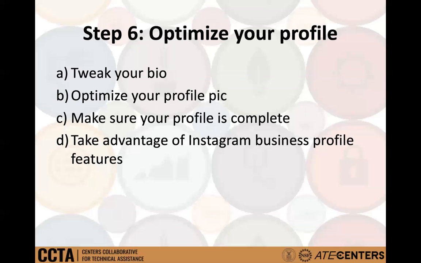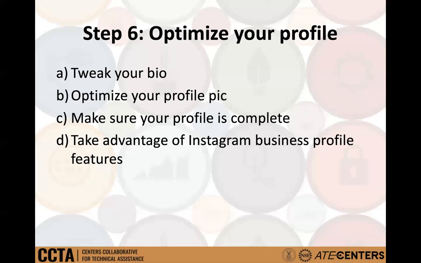C, make sure your profile is complete. So you want to use all the components of your Instagram business account to their full advantage. There's a name and a username. There's a website you can put in. There's contact information, where you can put in your email address, phone number, your school address, category, and call to action buttons.